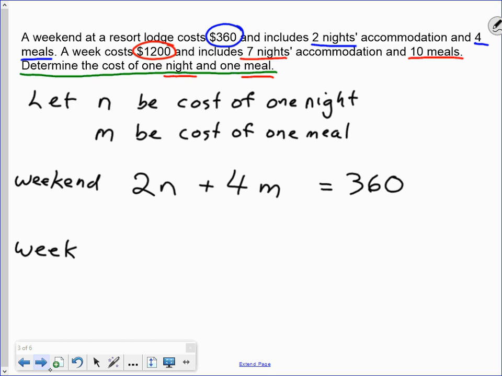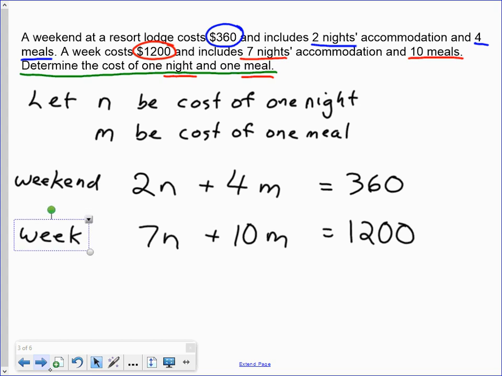So 2n plus 4m gave us our total of 360. For our entire week, our total was $1,200, which that total cost was made up of 7 nights and 10 meals. And there's our 2 equations that we want to solve.